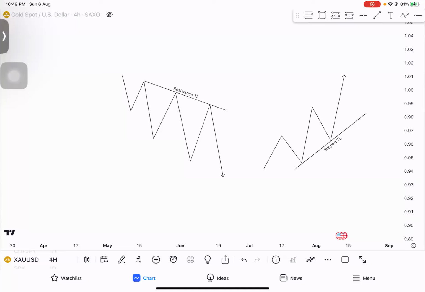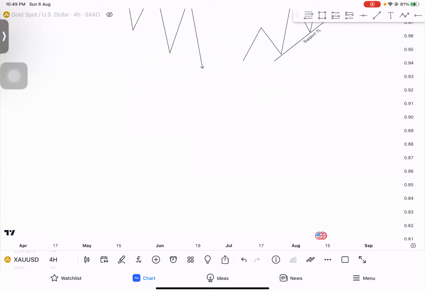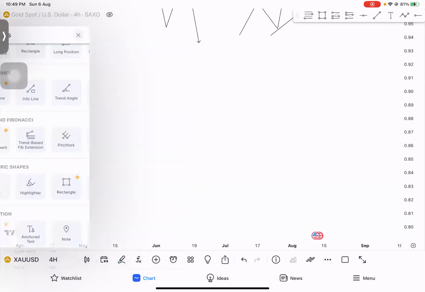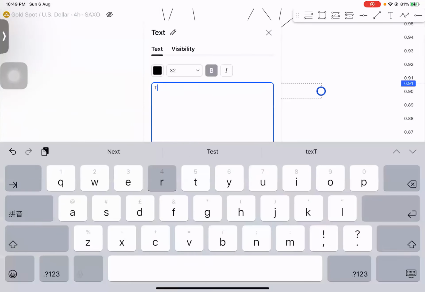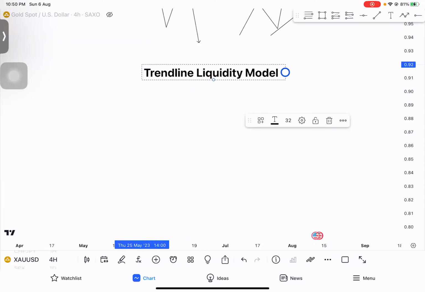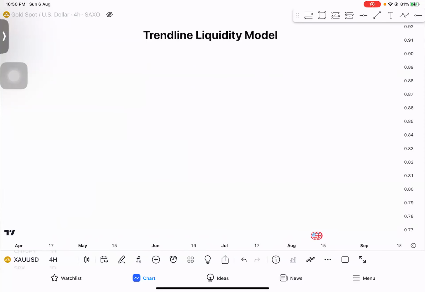Okay, this is the trend line. For the trend line liquidity models, the trend line liquidity model will be something like this.